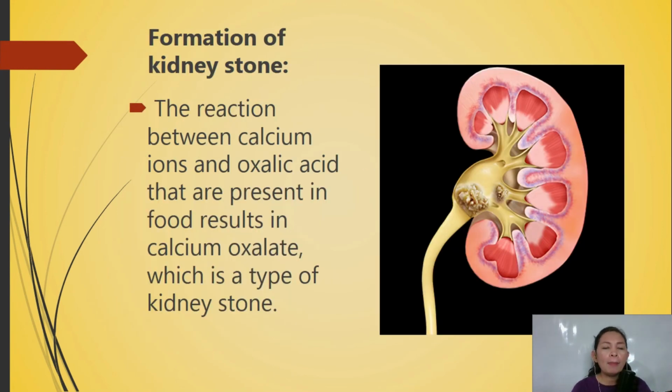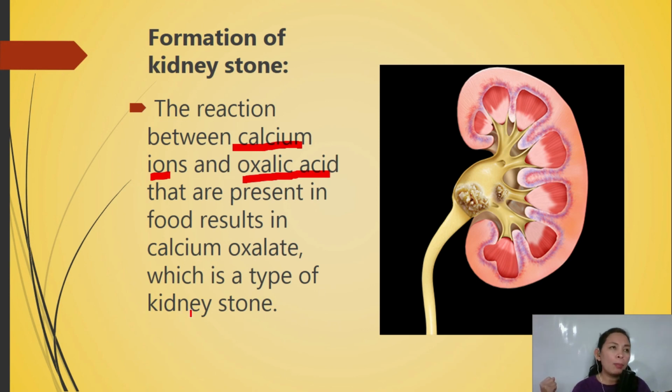Another example is the formation of kidney stone. This is because of the reaction of calcium ion and oxalic acid. So this is the reaction between calcium ion and oxalic acid that are present in food, resulting in calcium oxalate, which is a type of kidney stone.